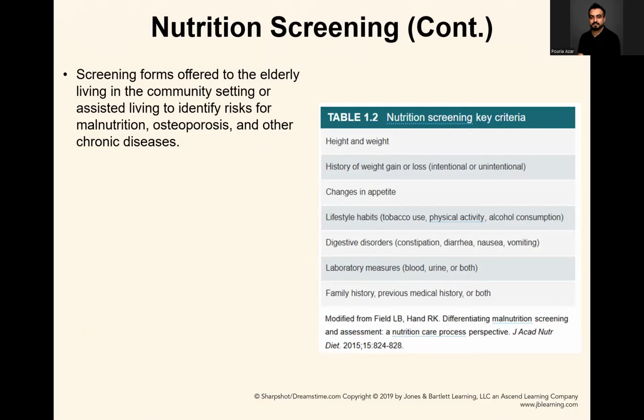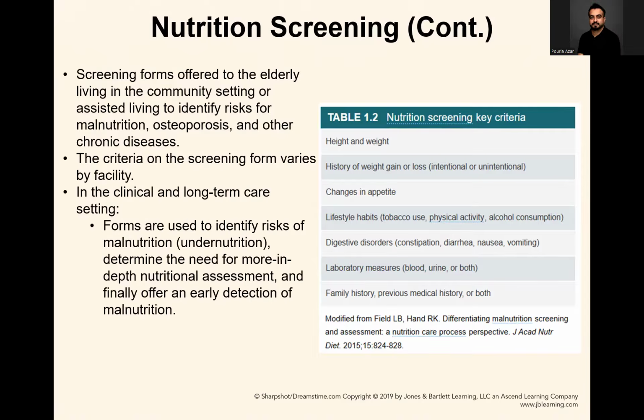Screening forms are also offered to the elderly living in the community setting or assisted living to identify risks for malnutrition, osteoporosis, and other chronic diseases. And the criteria on the screening form varies by facility.